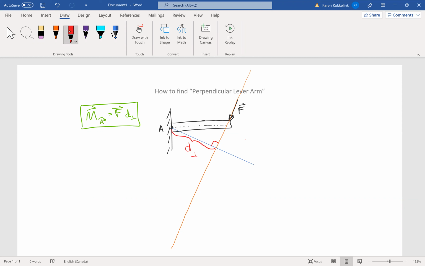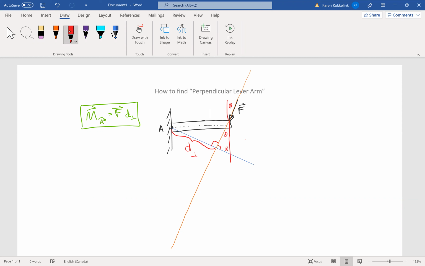How do you calculate that? Well, it's the geometry of whatever the situation is. In this case, you would probably know an angle up here, angle theta, in which case you know angle theta here, and this is a 90.